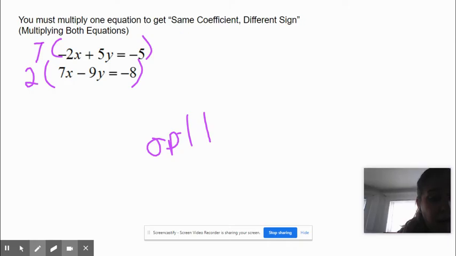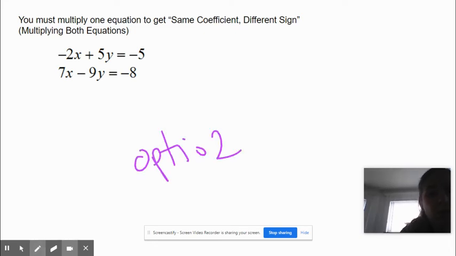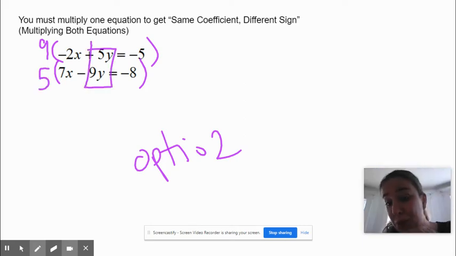And option 2, I can do the top by 9 and the bottom by 5. So you're kind of doing the opposite and bringing both the y terms up to 45 that way.